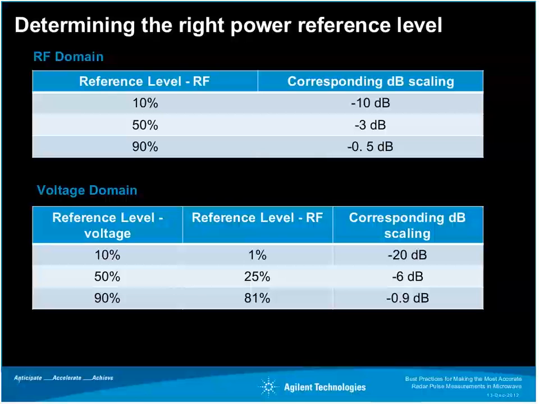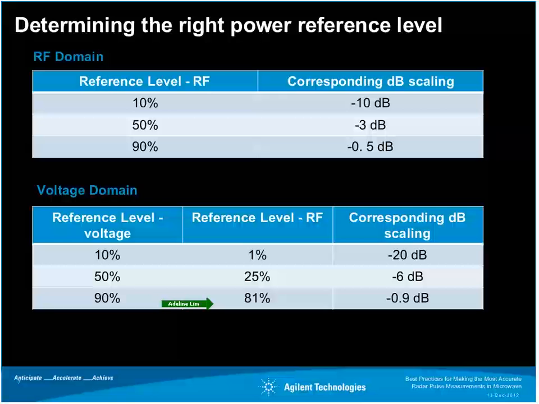It is also common to look at the power waveform with a dB scale. Here, the 10%, 50%, and 90% levels can be calculated and mapped to -10, -3, and -0.5 dB respectively, while 1%, 25%, and 81% will be mapped to -20, -6, and -0.9 dB.